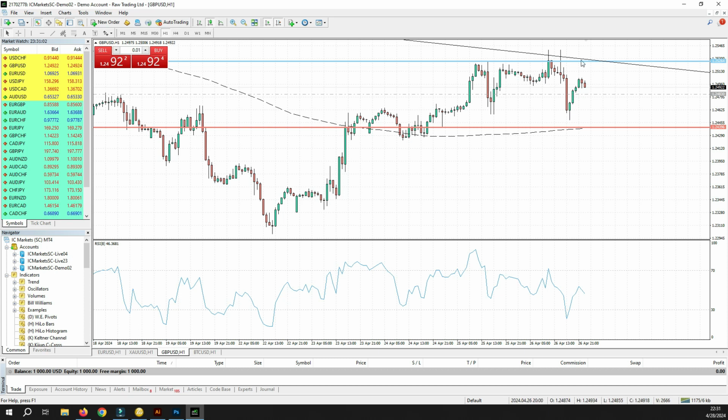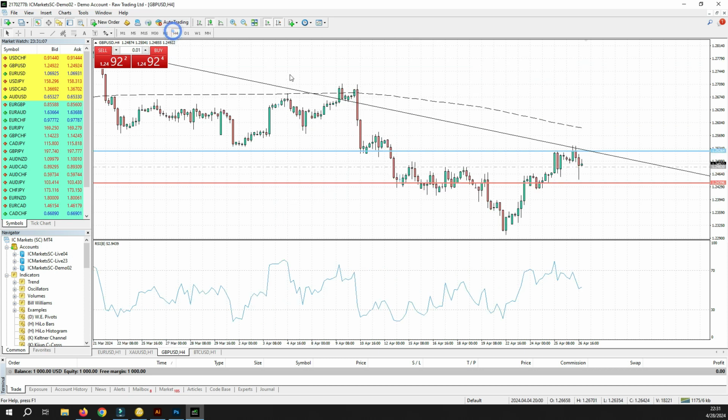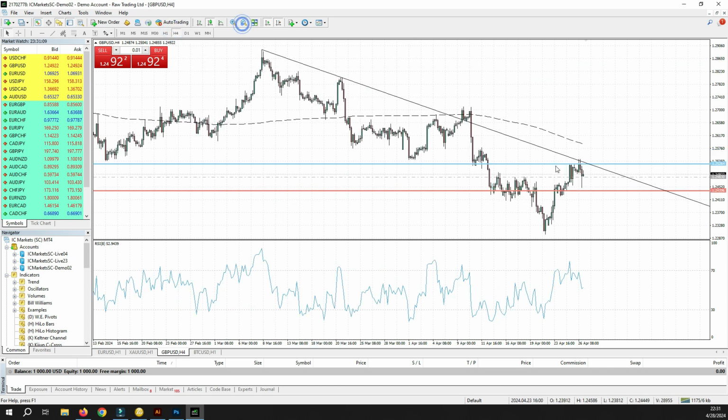We already drew this trend line. I even forgot it, so we can see what this trend line represents. As you can see, we found this trend line on a 4 hour time frame, and then we just keep it and track what's happening in the future.